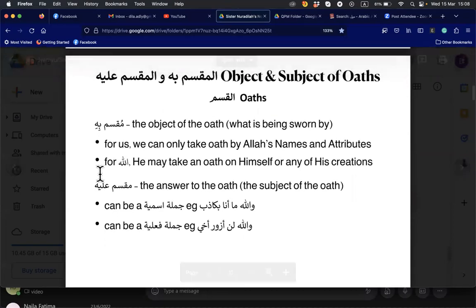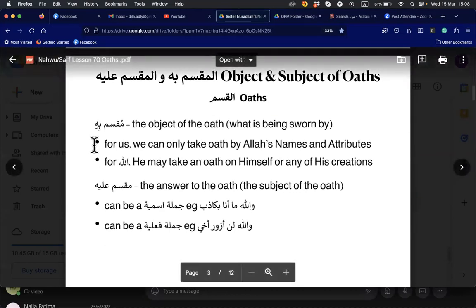So for the muqsam bih, the thing you are swearing by, obviously for us, when we make an oath, we can only take an oath by Allah, or his names or his attributes. We don't say, I swear by my mother, right? Some people say that I swear by my son's life or something like that. We're not supposed to do that. Not even I swear by the Prophet, that also cannot.